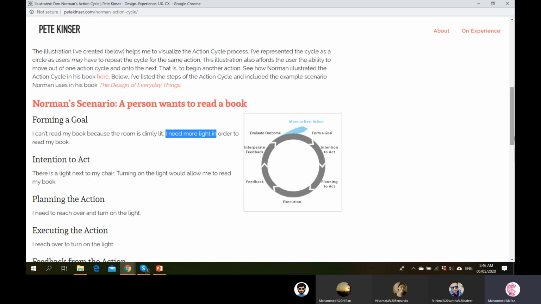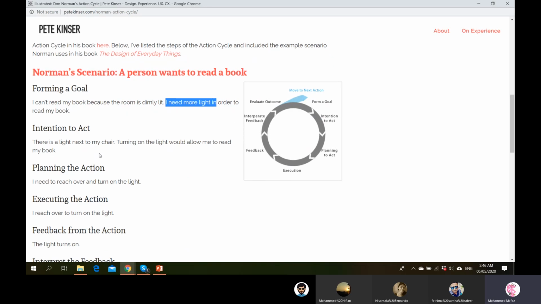Third stage, planning that action. Now what he needs to do is, I need to reach over and turn on the light. So that is the action that needs to be done. That's the planning, right? Then once the planning is done, execute the action. Okay, he will go and turn it on. That is the execution, right?